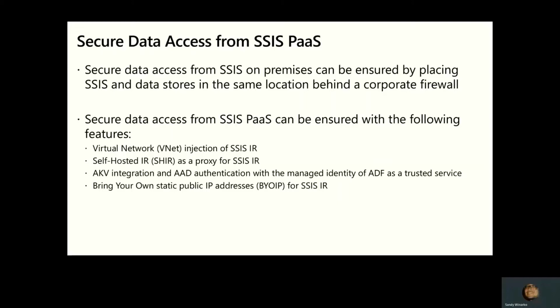For example, you can join SSIS-IR to a virtual network, or VNet, where your data stores are also injected into the same VNet, configured with VNet service endpoint, or connected via private links or private endpoints in the same VNet. You can use self-hosted IR as a proxy for SSIS-IR, where it can be installed in the same network where your data stores reside behind a corporate firewall.